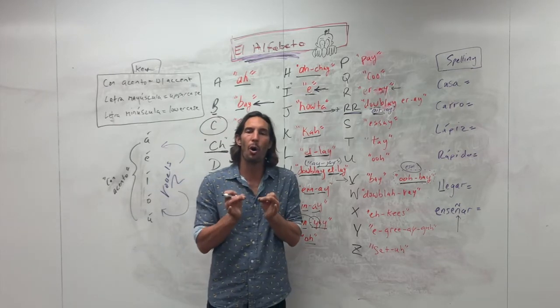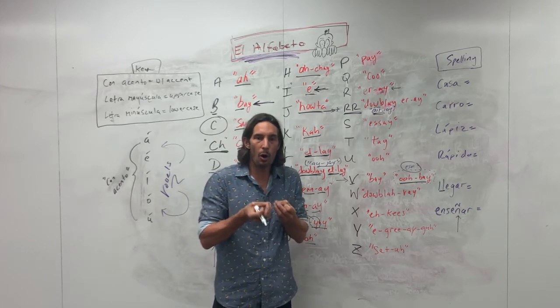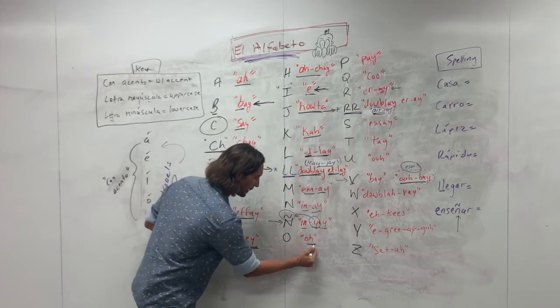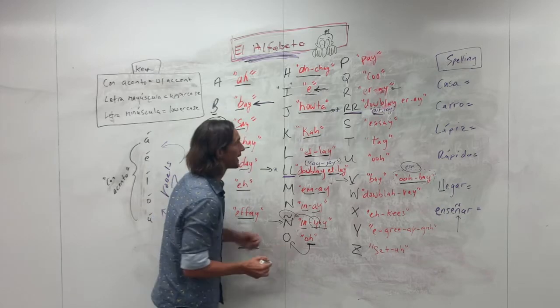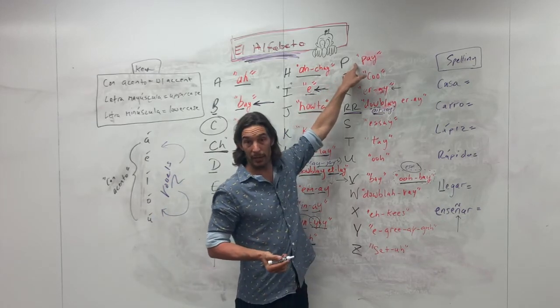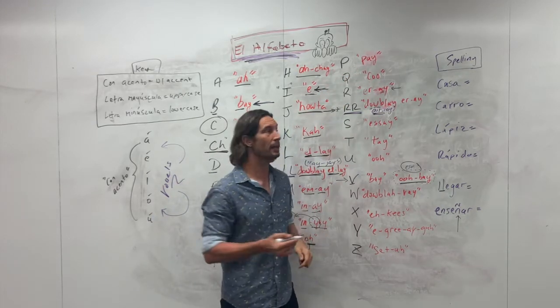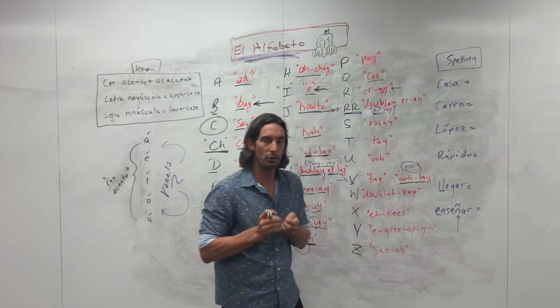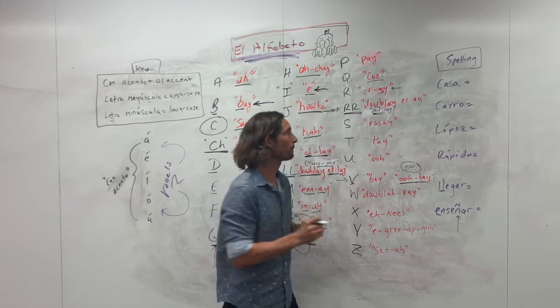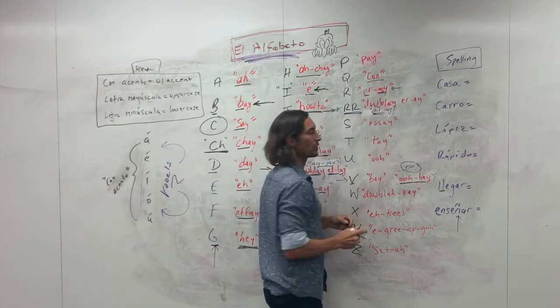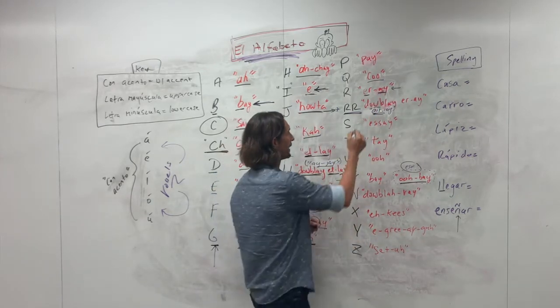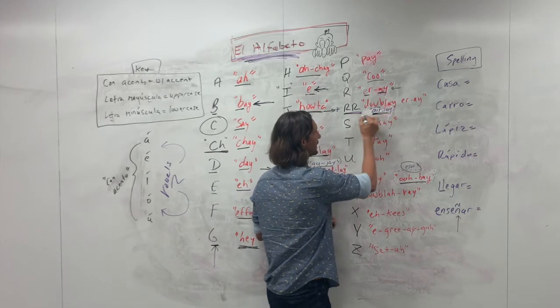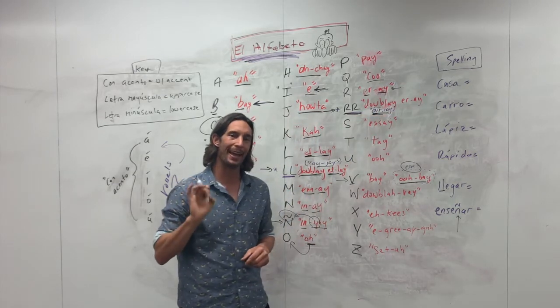Notice it's O, not O, but O. And so I tried to put something there that would represent that sound. P is like your English word pay, pay. Ku, ku is your Q, so ku. Ere, that's your R, ere. And then again, like I said, we have R for the double R, or doble ere.